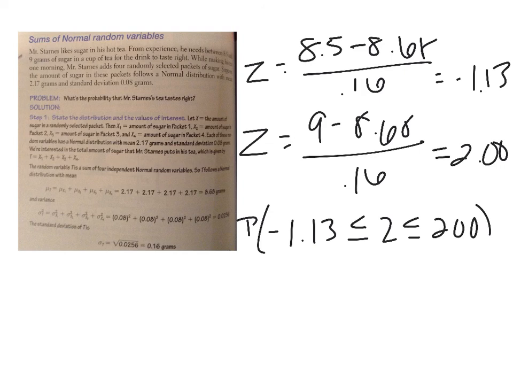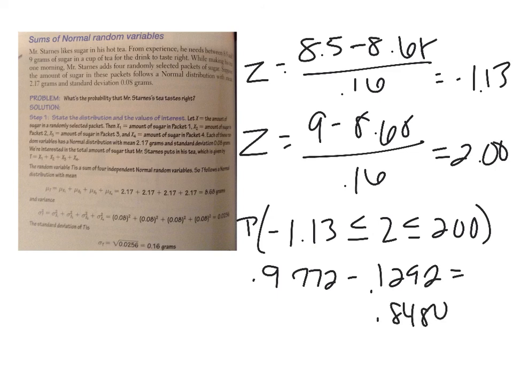When I get these numbers from my table, I get 0.9772 minus 0.1292, which is equal to 0.8480. If I'm using technology, again, I can use that normal CDF, and then I need to define everything: the lower, which would be 8.5, the upper, which would be 9, my mean of 8.68, and my standard deviation of 0.16.